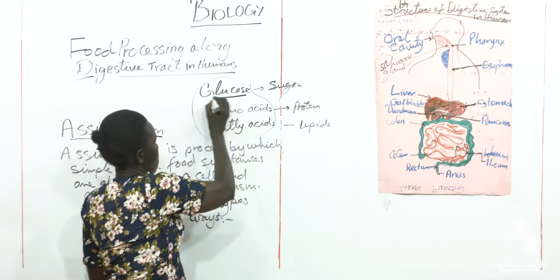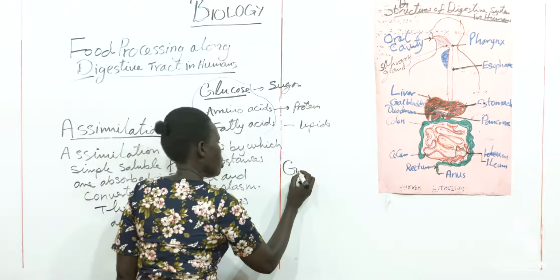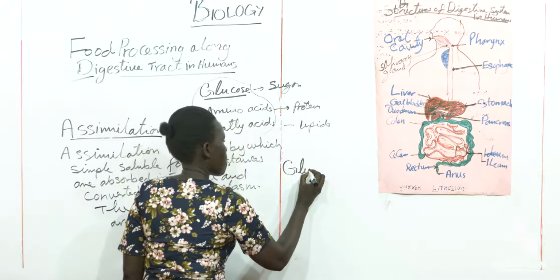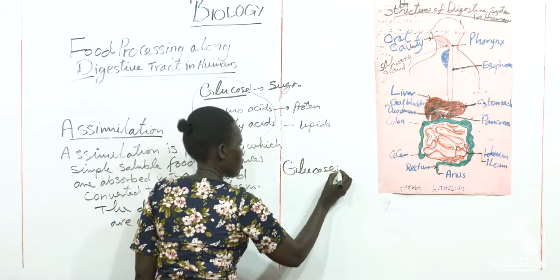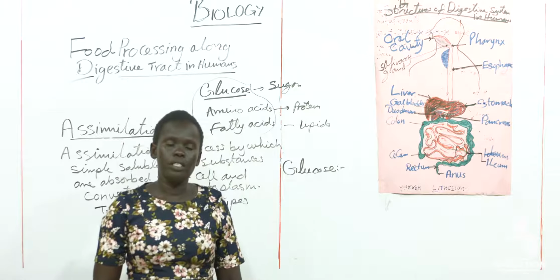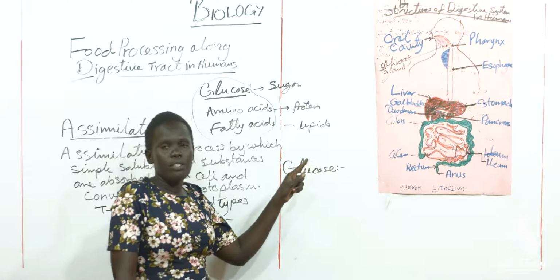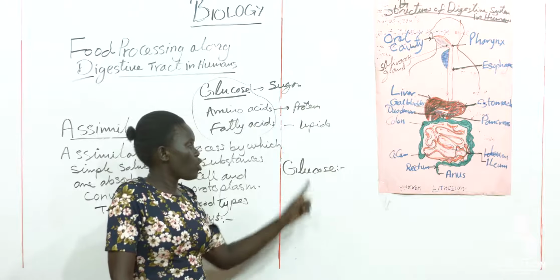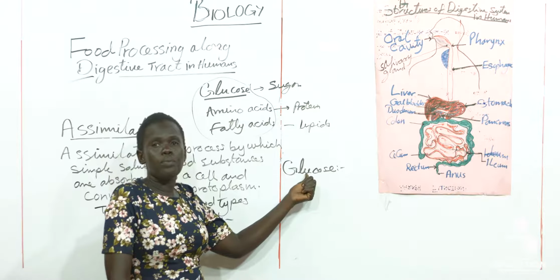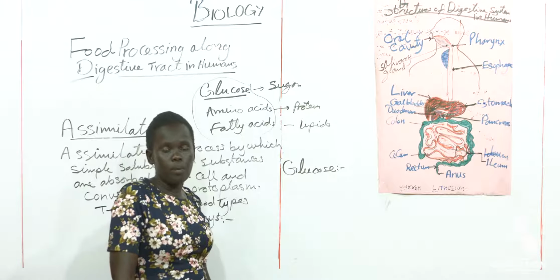Glucose. The glucose in the blood, the one diffused or absorbed in the bloodstream. In the blood, what will take place is oxidation of the glucose. That means adding oxygen to the glucose to release the chemical energy which is stored in this organic compound.